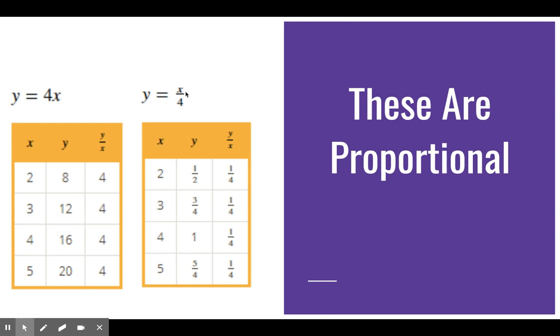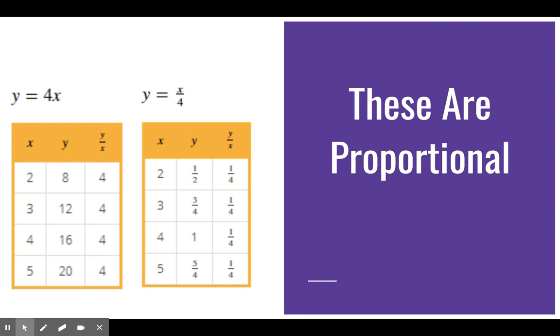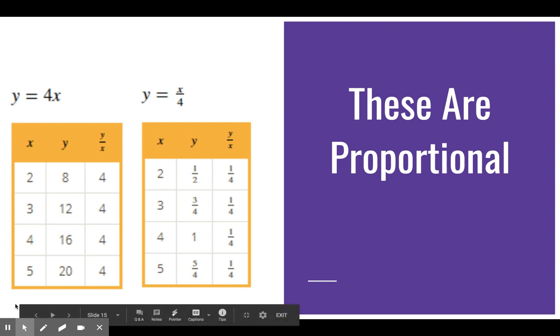Now, when I do the second table, and I do 1/2 divided by 2, 3/4 divided by 3, 1 divided by 4, and so forth, I get 1/4. These are all proportional. They're still of the form y equals kx. So we've been doing some work around how to determine this from a table. We know that these are proportional.